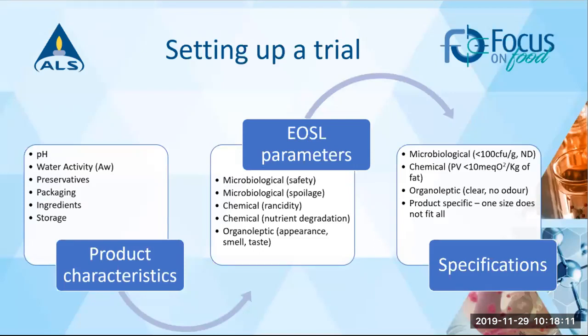For example, a microbiological specification for end of shelf life could be when the mold count exceeds 100 CFUs per gram. A chemical specification may be a peroxide value over 10 milliequivalents, or MEQ, of oxygen per kilogram of fat. An organoleptic specification may include specifications such as a clear, odorless liquid.